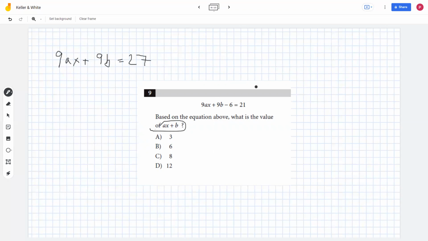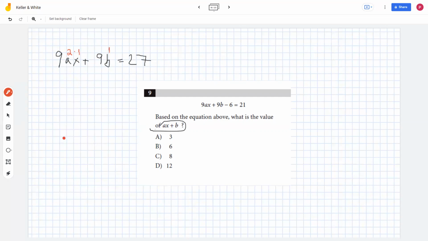However, let's say you didn't think of that. I just want to do a quick throwback here. This is another chance to use making up numbers for the variables. Let's say I didn't think of dividing everything by 9. I could just try to make up numbers that make this true. For example, if I let a equal 2, 9 times 2 is 18, and I don't want this to get too big, so I'll let x equal 1. I need 9 more, so I'll let b equal 1.